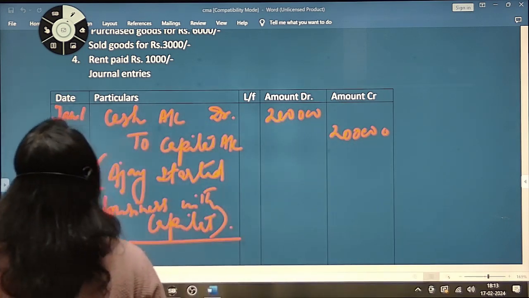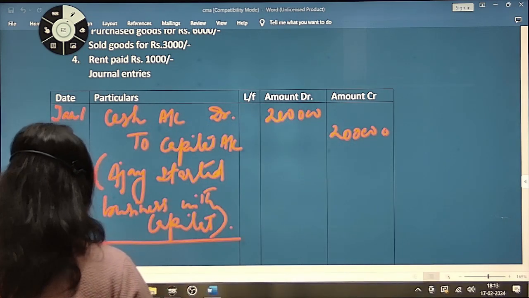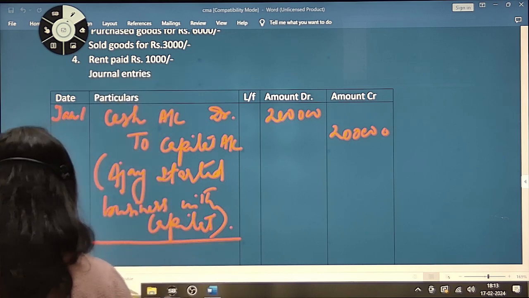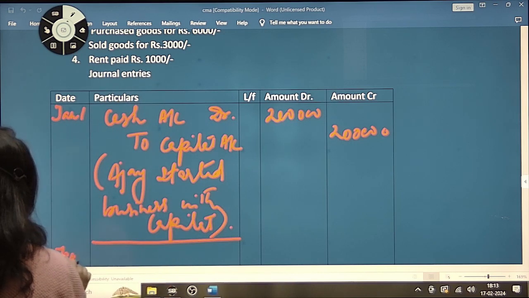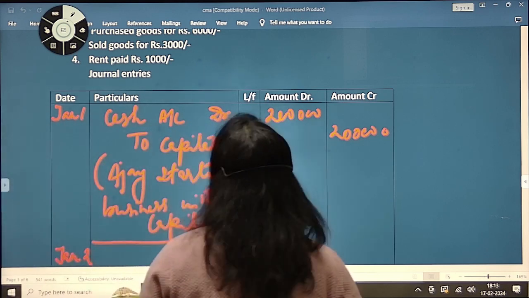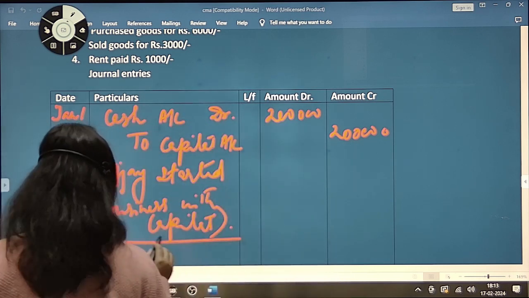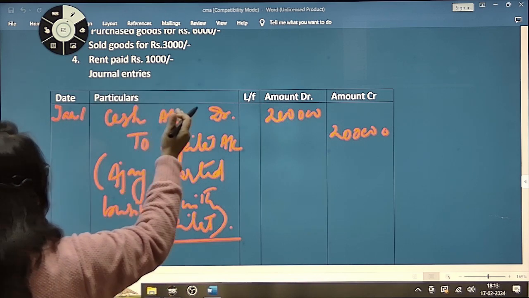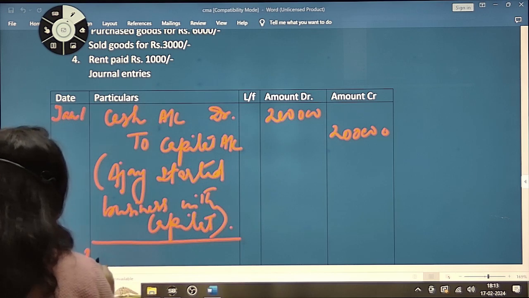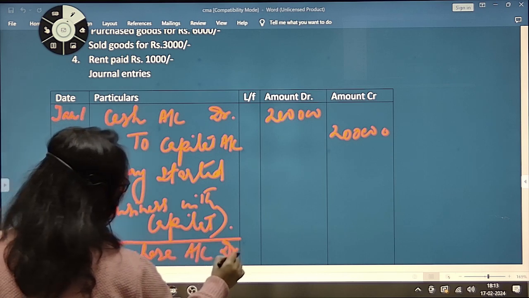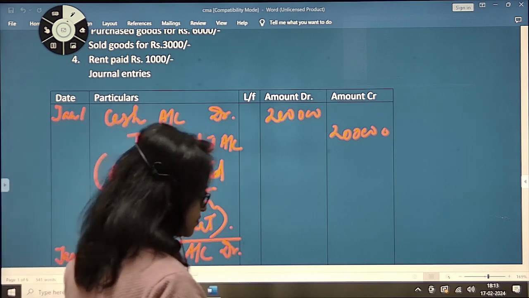Now the second journal entry is purchase goods for rupees 6,000. So it is January 2. The journal entry will be purchase account debit to cash account.